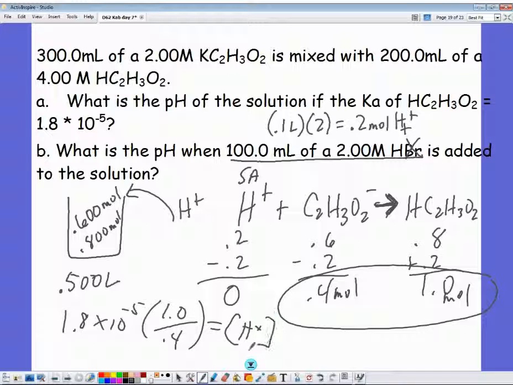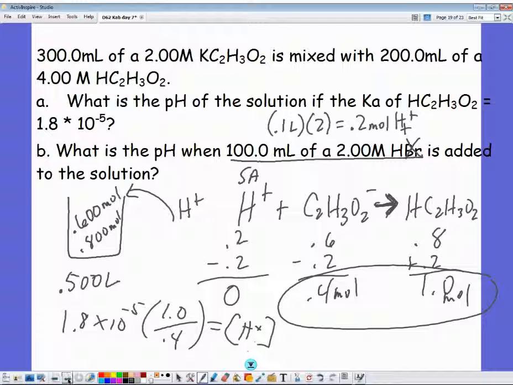And then I'll minus log it, yes? I added H+. The pH should go down to about a 4.3-ish. Right? Yeah, it goes from about 4.6-ish to 4.3-ish, because you took a buffer and added a little bit of H+ to it, yes?